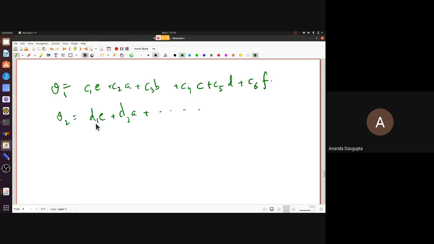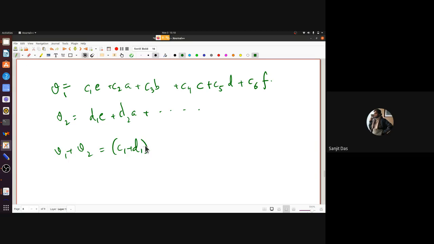Can I define an addition of these two things? How would I define V1 plus V2? I mean, (C1 plus D1) E plus (C2 plus D2) A, and so on. Yeah, right.